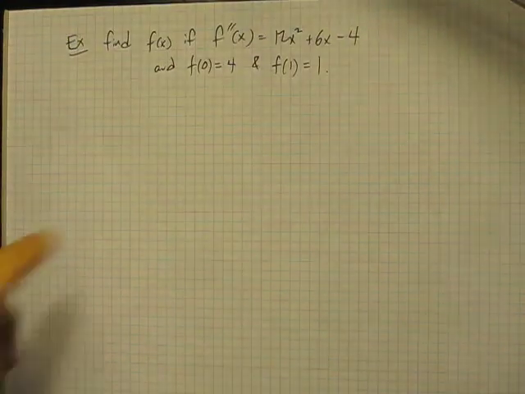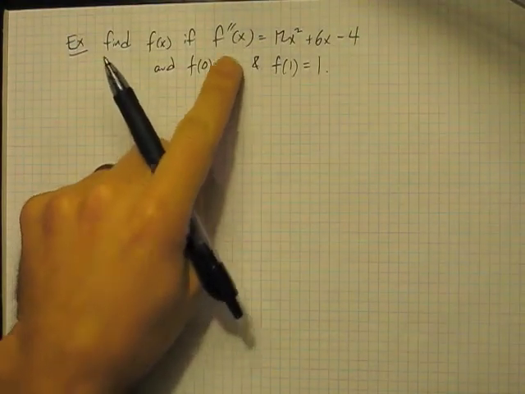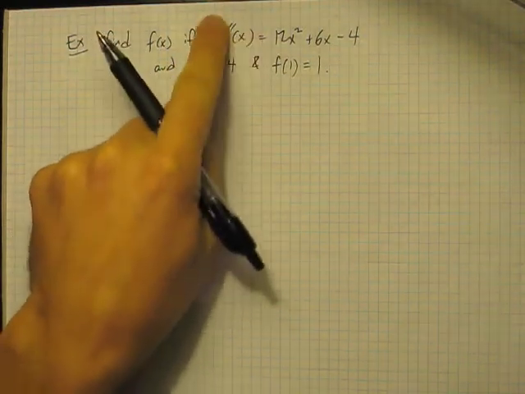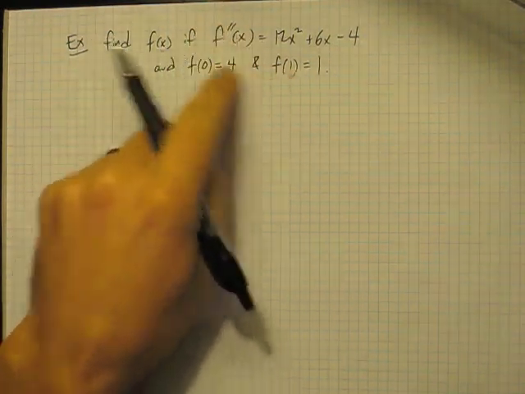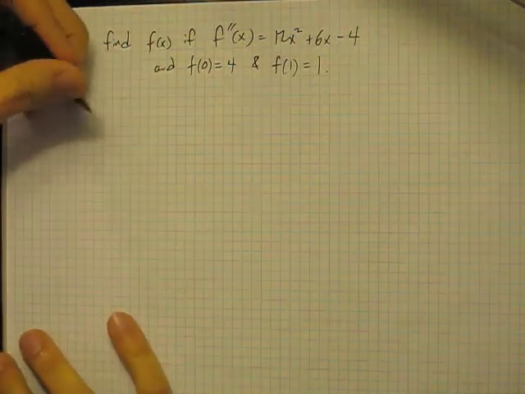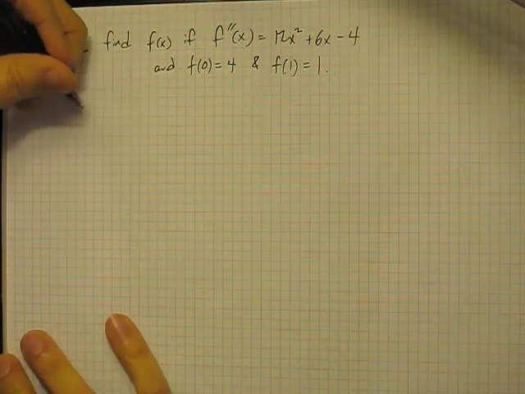Okay. So remember, in the previous example, we had one derivative and one initial condition. Here, because we're taking the second derivative, we're going to require two initial conditions to really fully answer this question. Okay, so let's do this.